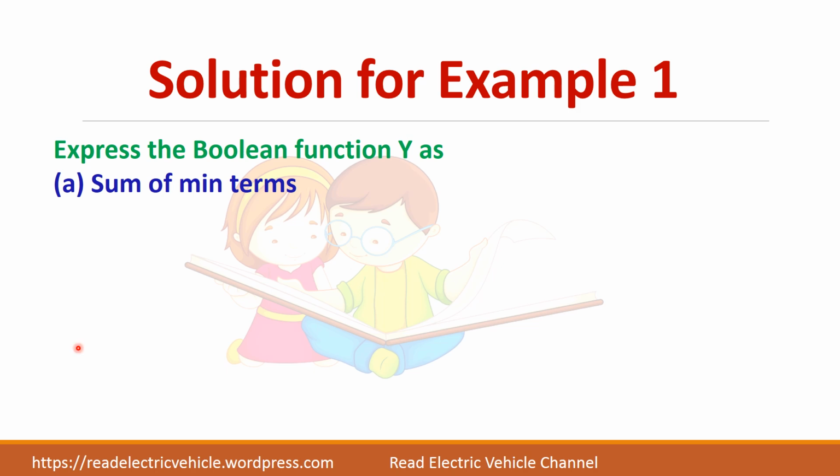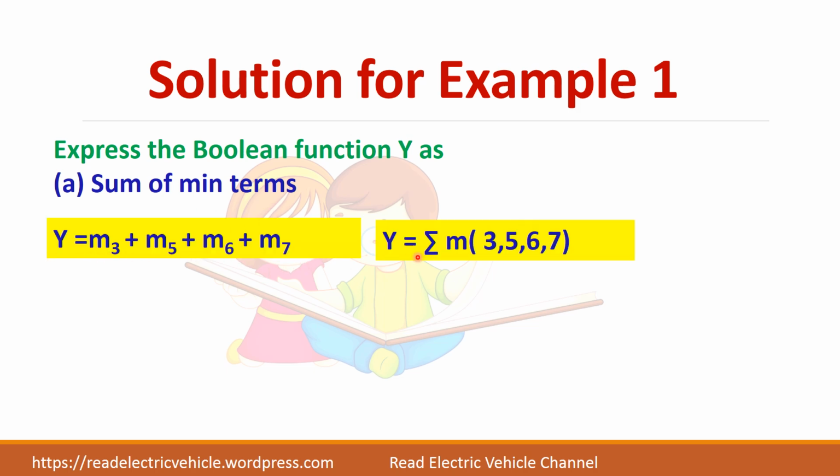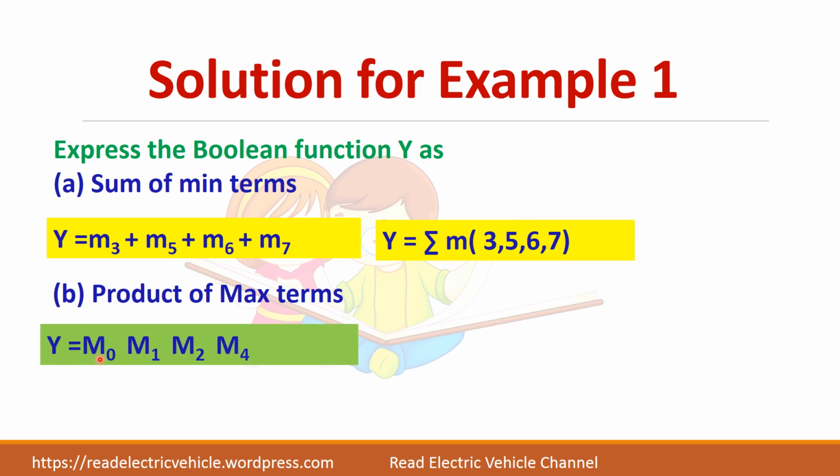Now combining the solution, when we express the sum of minterms, Y is equal to m3, m5, m6 and m7, which is written as sigma m of these numbers 3, 5, 6, 7. Similarly, for product of Maxterms, we will write Y is equal to M0, 1, 2, 4, which can be represented by this pi symbol, which represents the product, and capital M should be used, and whatever number is missing here will be present here: 0, 1, 2, 4.